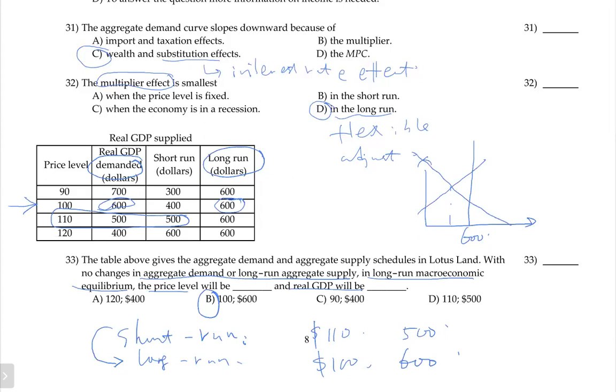All right, so the demand is going to be the same. In the long run, the supply is going to move to here. And then clearly in the short run, we have a recessionary gap.